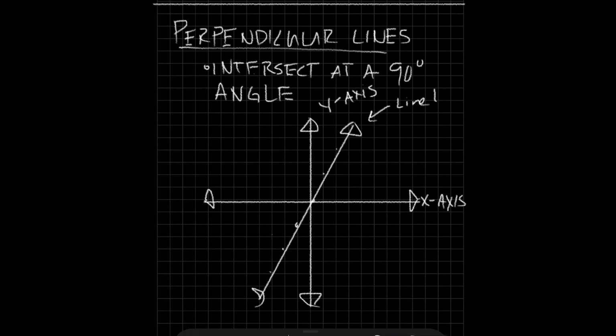And I will draw an intersecting perpendicular line to line 1. Give myself lots of points once again so that the power of technology can give me a nice straight line. We'll call this one line 2. These two lines are perpendicular because when they intersect at this point, they create that sharp 90-degree angle. These two lines are perpendicular.